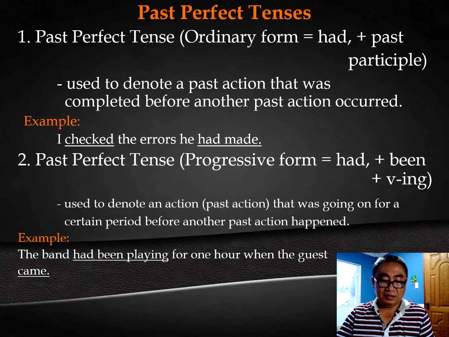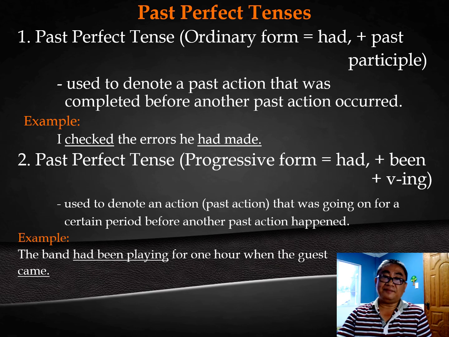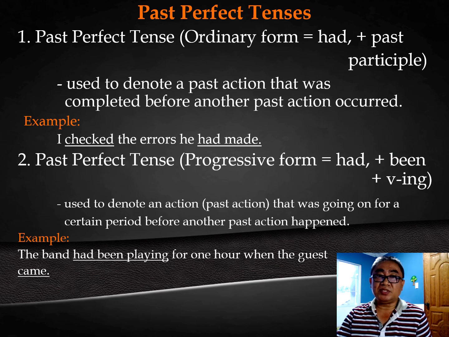Let's go to the past perfect tenses of the verb, ordinary form. We have the formula had plus past participle, which is used to denote a past action that was completed before another past action occurred. For example, I checked the errors he had made. So we have the past action that was completed and another past action that occurred.